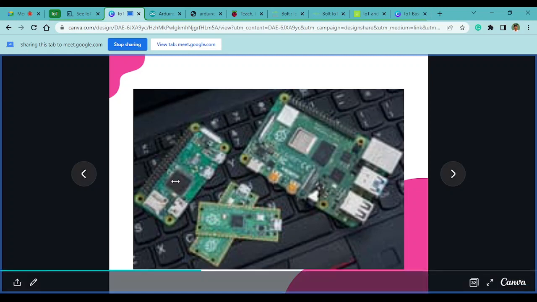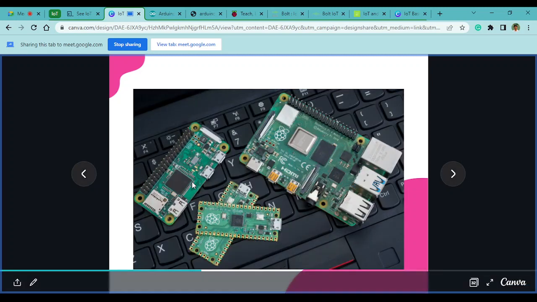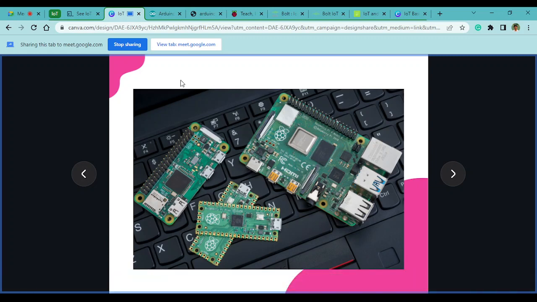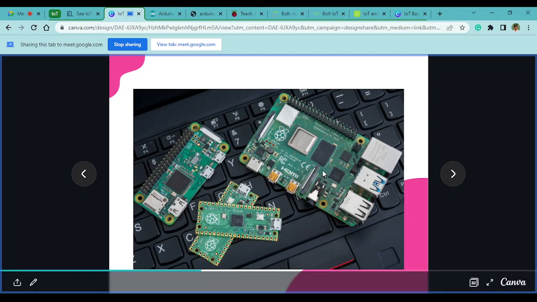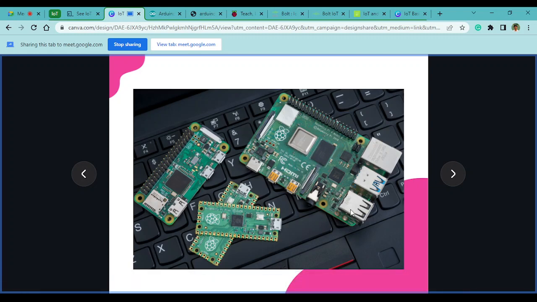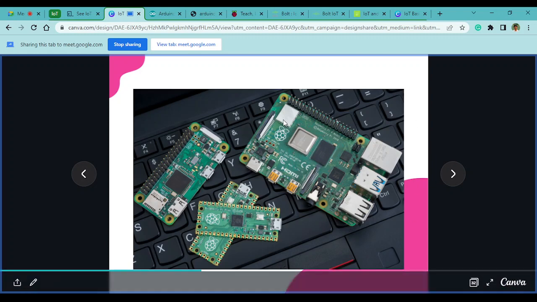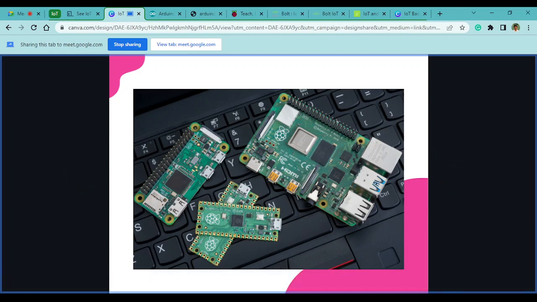If you use this Raspberry Pi, you can replace your entire CPU itself, right? Let's say you have a monitor and a keyboard and a mouse. If you just have this Raspberry Pi board, you can replace the entire CPU. That's how powerful the Raspberry Pi unit is.